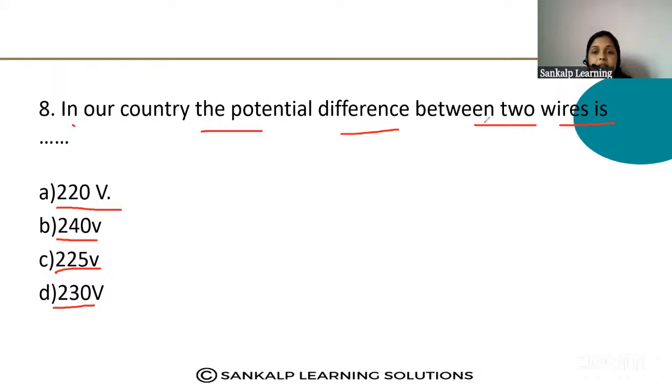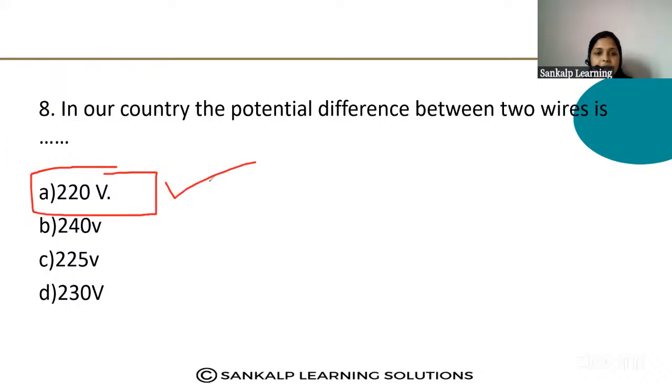So what is the correct answer here? That is 220 volt. Option A, 220 volt, is the potential difference between the two wires in our country.